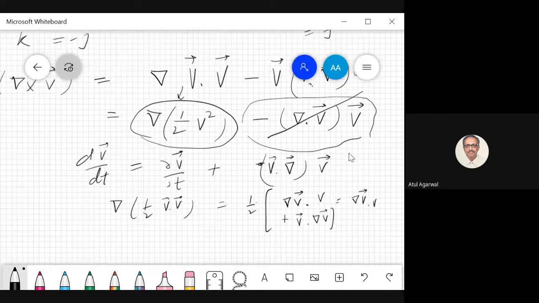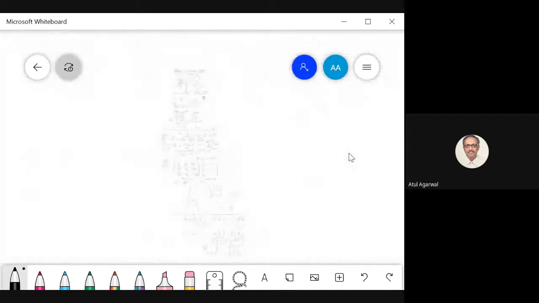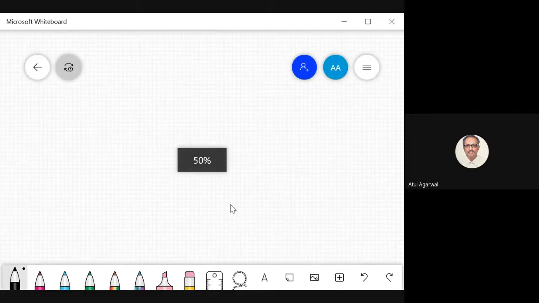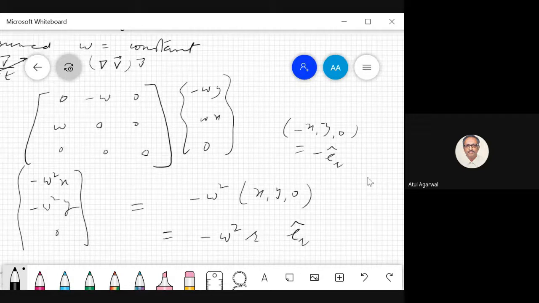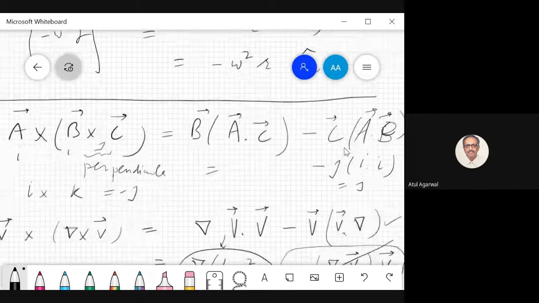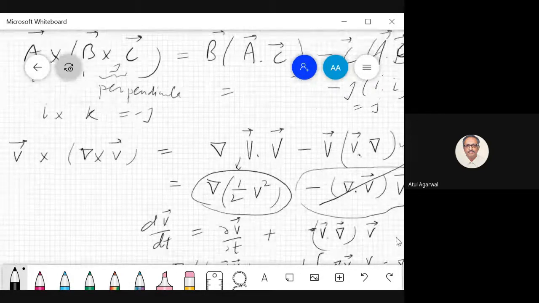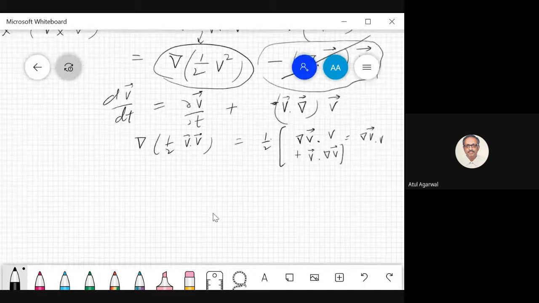So what do you get? So del cross V is equal to gradient of half V square.